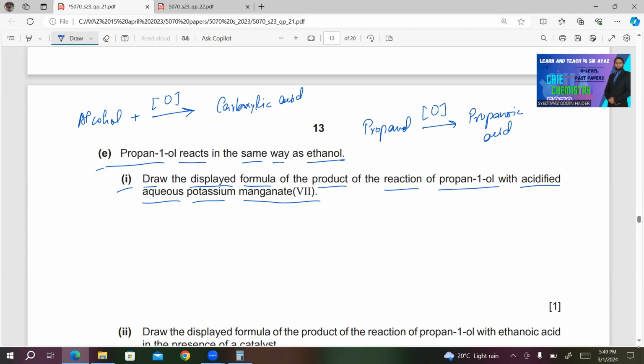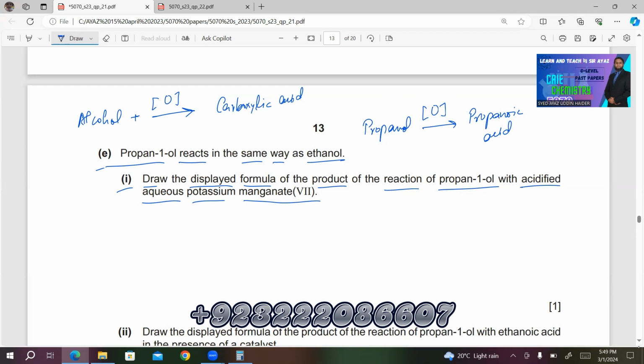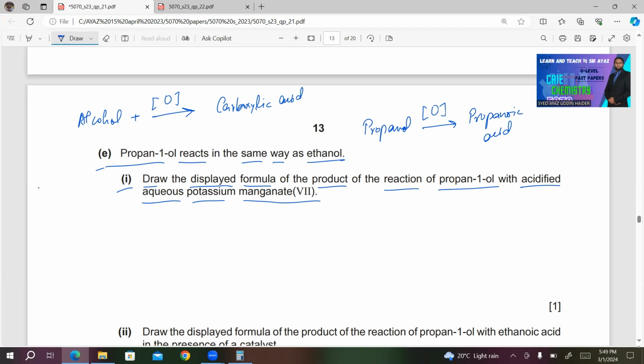We need to draw the formula of propanoic acid. First of all, you should know the molecular formula of propanoic acid. In propanoic acid, there will be 3 carbon atoms in all. So the general formula for carboxylic acid is CnH2n plus 1 COOH.